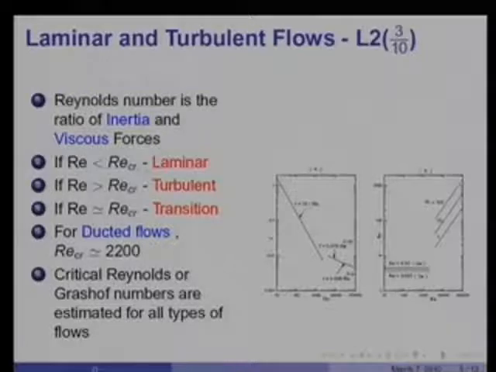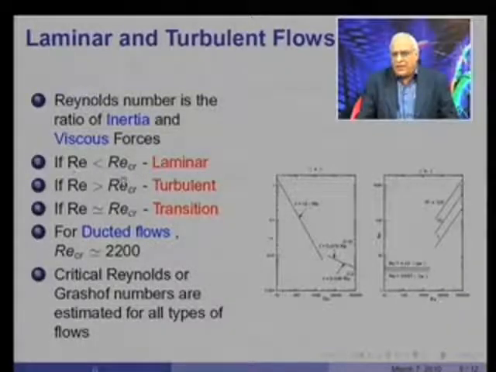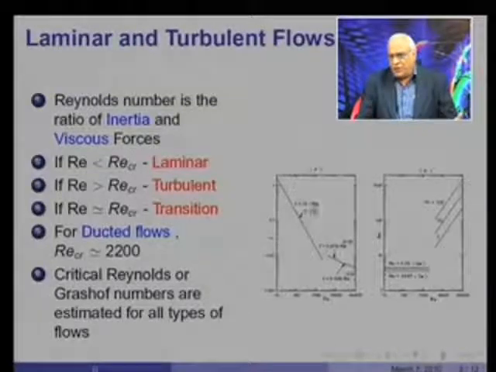As you all know, when the Reynolds number is less than the critical Reynolds number, the flow in the tube will be laminar, and the friction factor versus Reynolds number relationship on a log-log plot would be linear. It is f equal to 16 divided by Reynolds number, a very well known solution to laminar flow inside a tube.